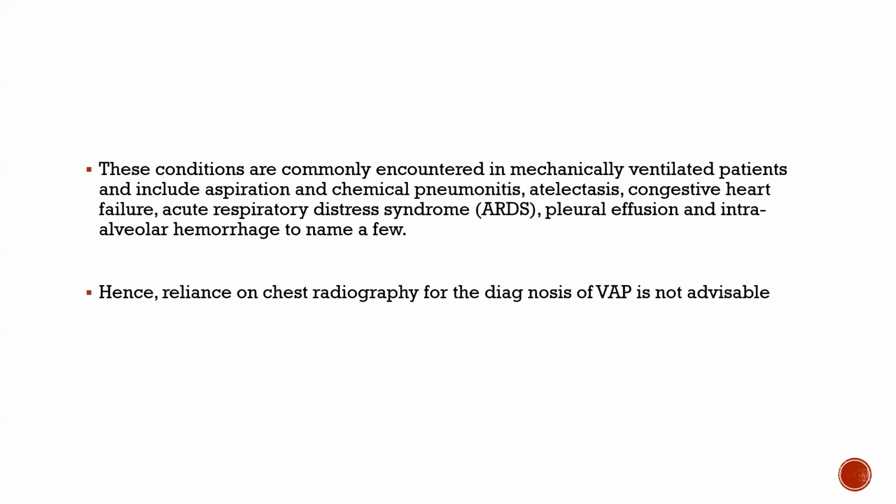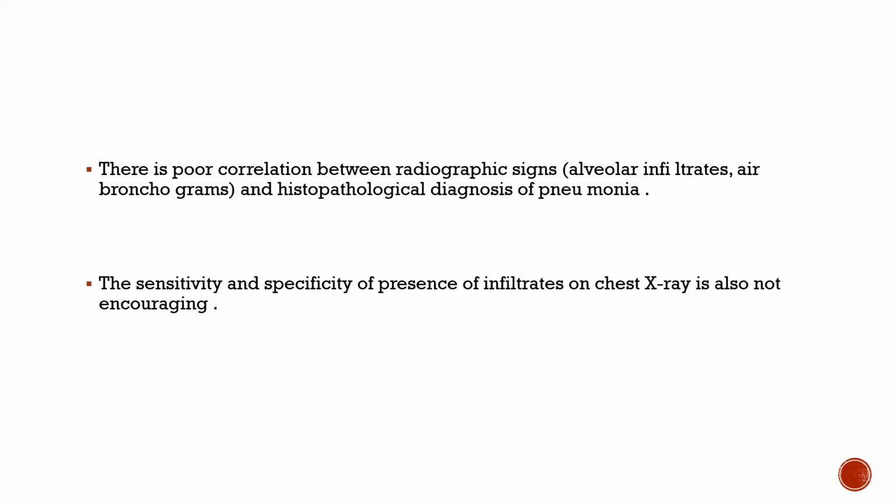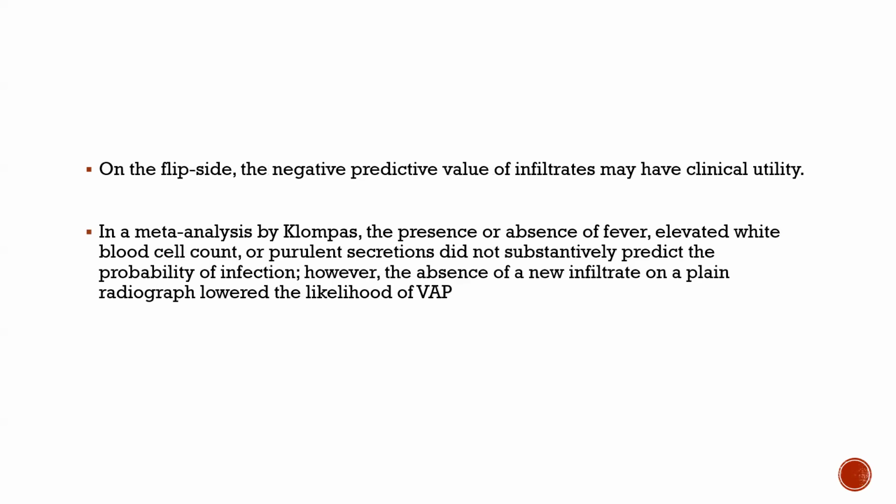Hence, reliance on chest radiography for diagnosis of VAP is not advised. There is poor correlation between radiological signs and histopathological diagnosis of VAP. The sensitivity and specificity of the presence of infiltrate on chest X-ray is not encouraging.